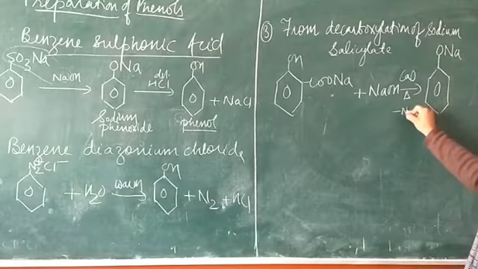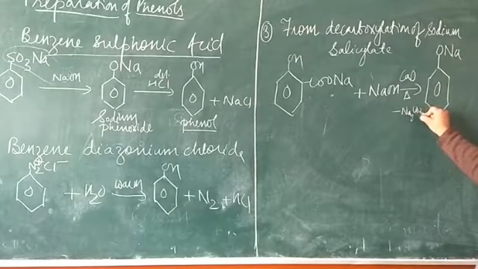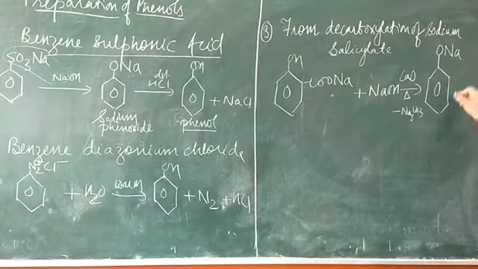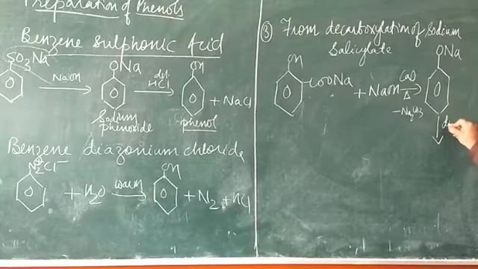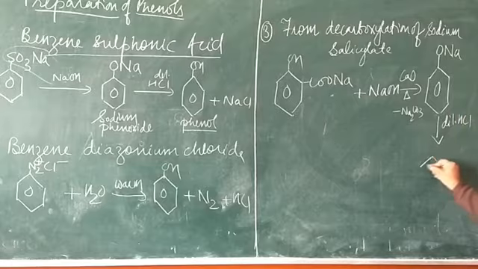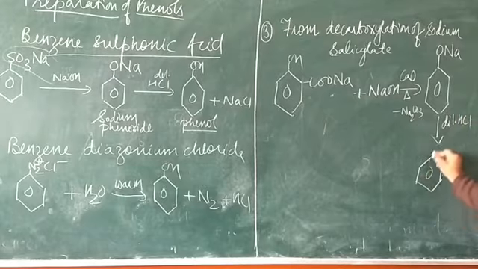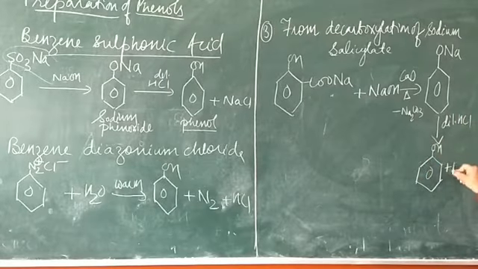This is minus Na2CO3, and this on simple acidification with dilute HCl will give us phenol. Right? So we can prepare the phenol from the decarboxylation of sodium salicylate.